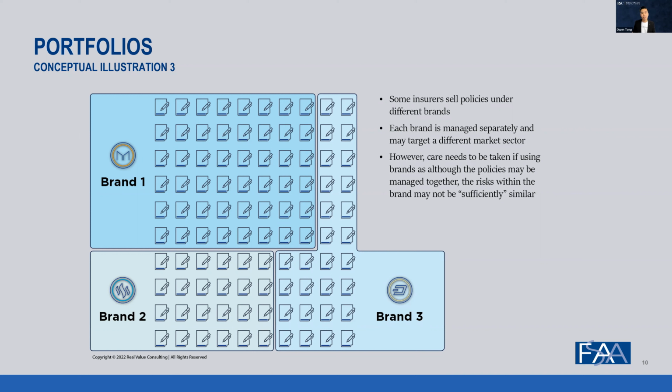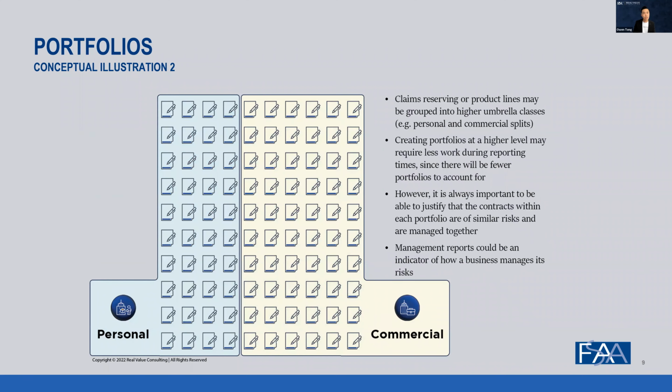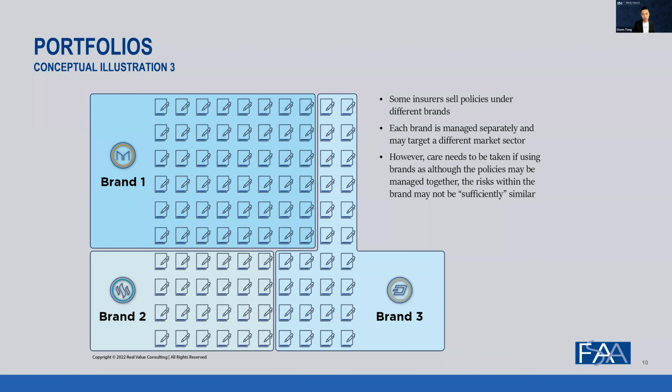So that's something that you'll need to weigh up. And it probably needs a bit more thought, because you can't group, say, half of the business by brand and the other half by one of these risk types without good justification for doing so. But it's just an idea that you could potentially approach it in this manner.